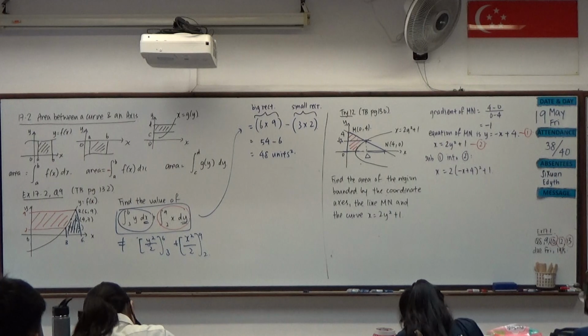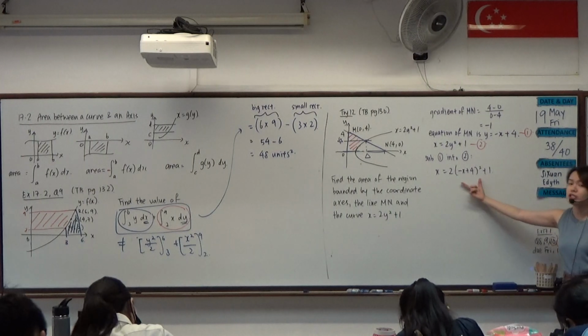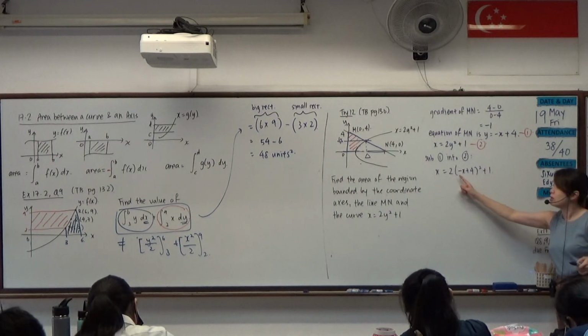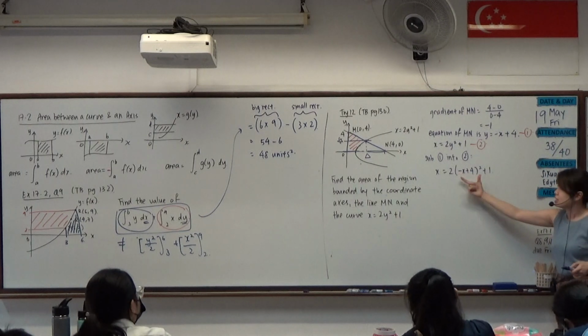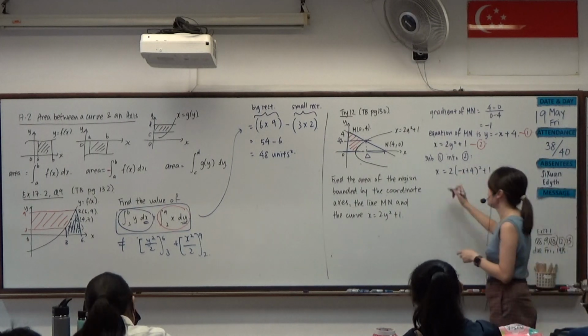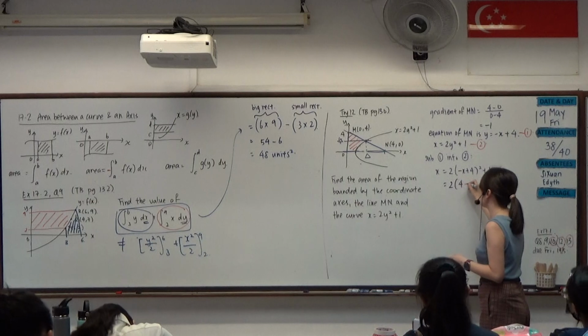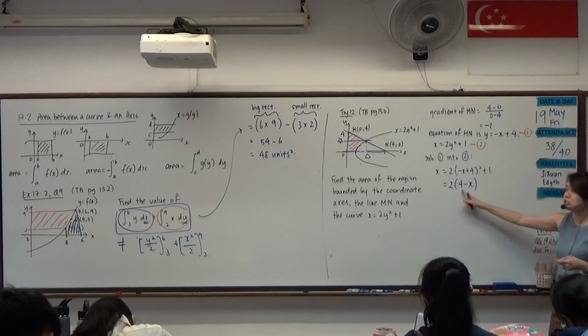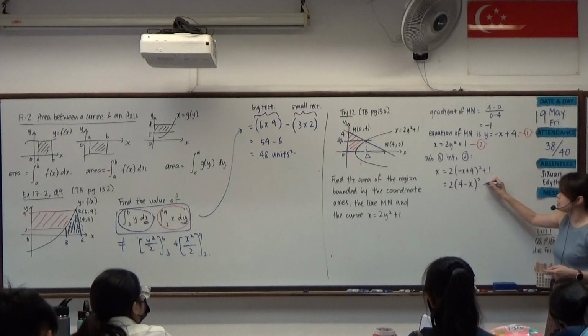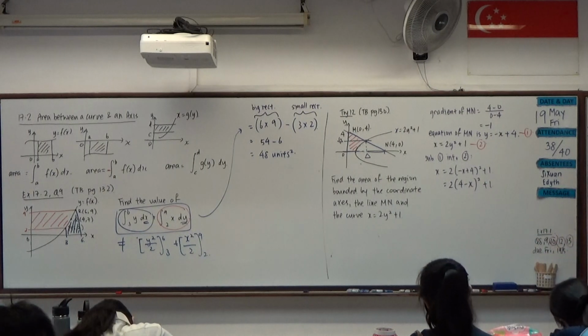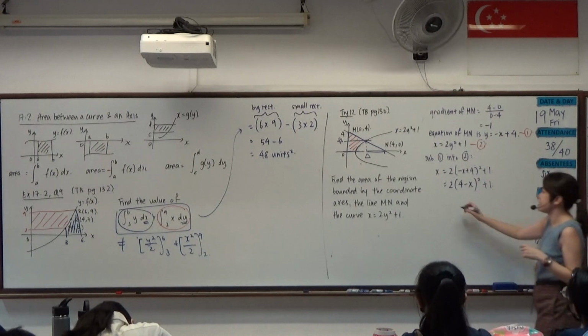That means my y, I change it into negative x plus 4. Very often when it comes to expansion of expressions like that, when there is a negative, there are a lot of careless mistakes usually. I would rather you just see it as the equivalent, 4 minus x, squared, something more familiar, easier for you to actually expand using your identity.